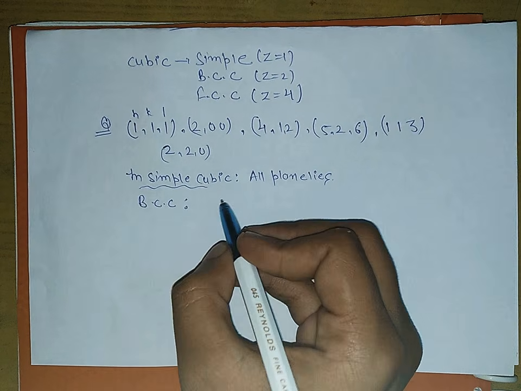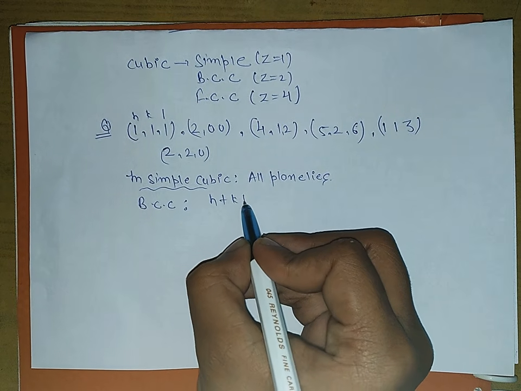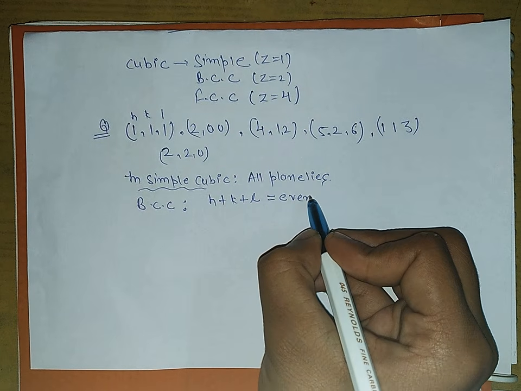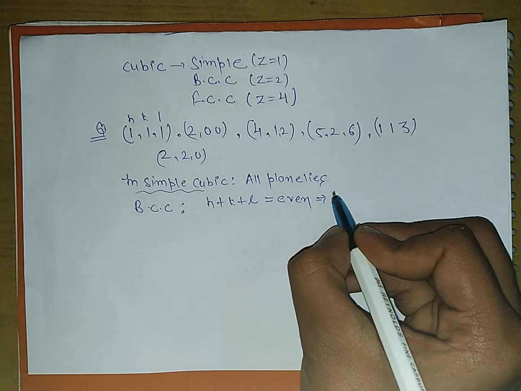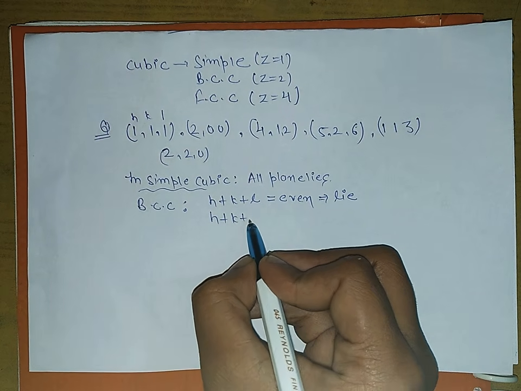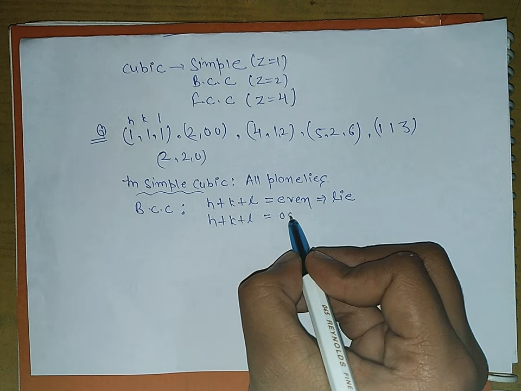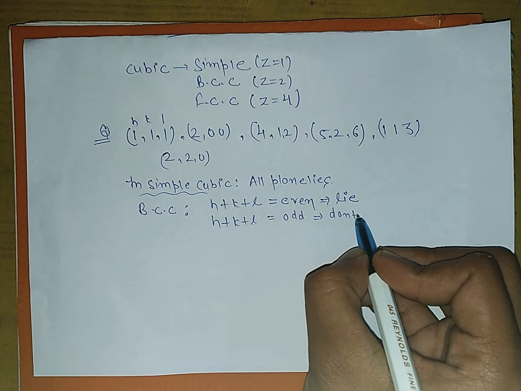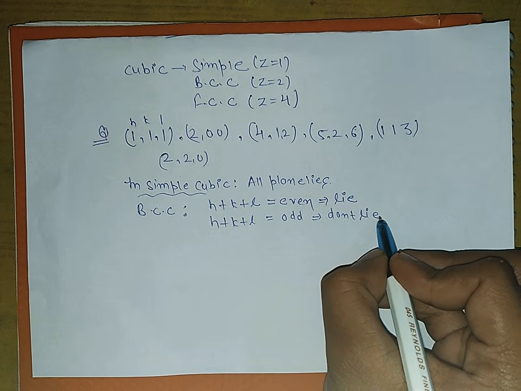In this case just add H, K and L. If it comes out even, then the plane will lie. If H plus K plus L is odd, the plane will not lie.